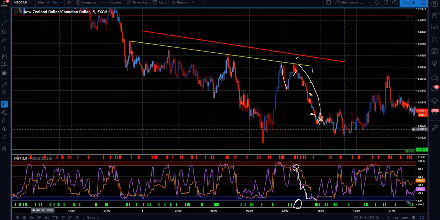We have 5, 10, 15, 20. Comes down to 25, but it pulls back up several. So let's just call it 20 minus the spread, so maybe 7 and 20, 27 pips.